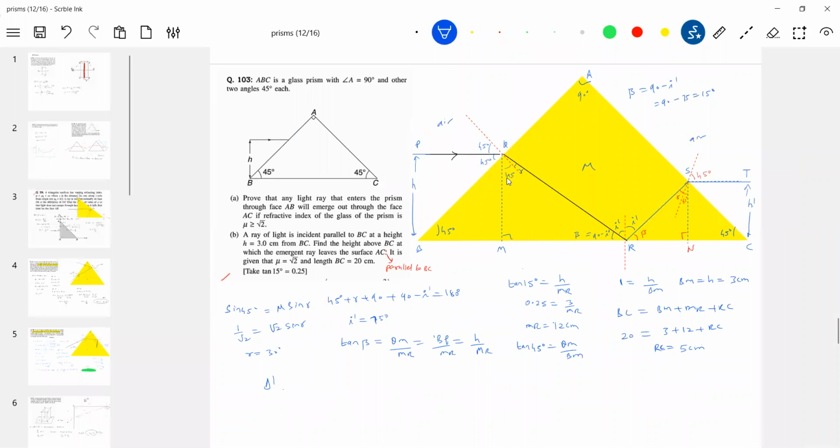Triangle BQR and CSR. There, BQ by BR should be equal to CS by what we wrote, RC. BQ we know.